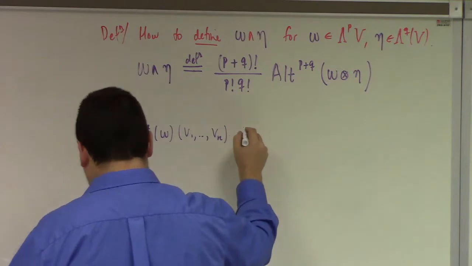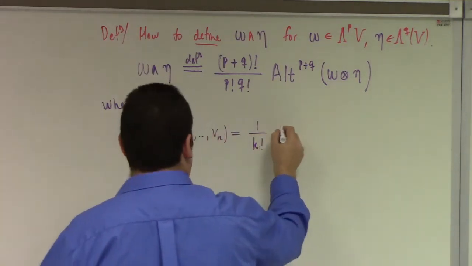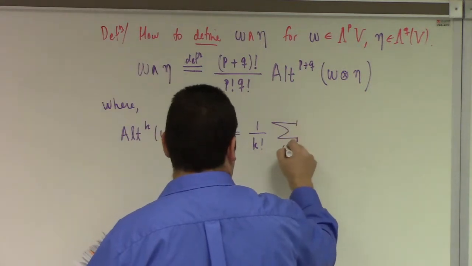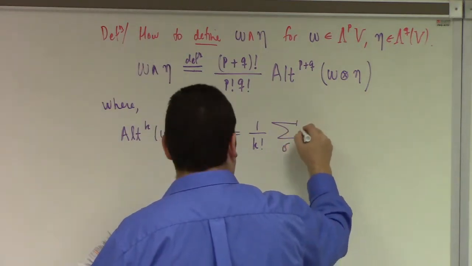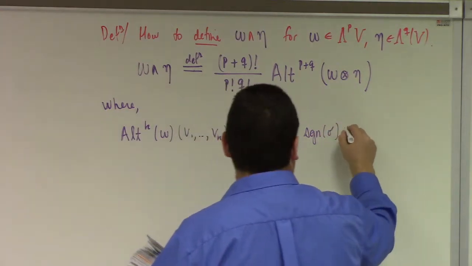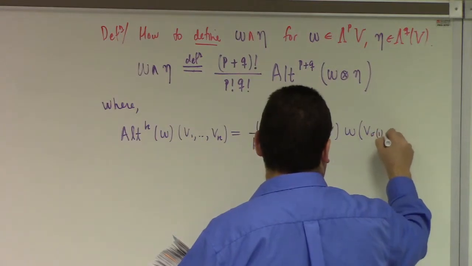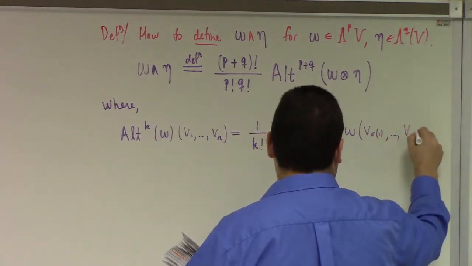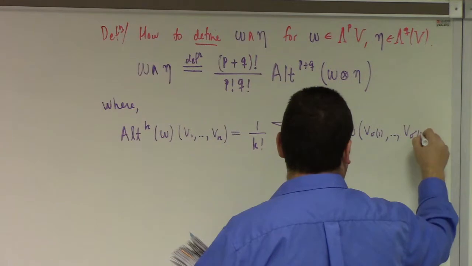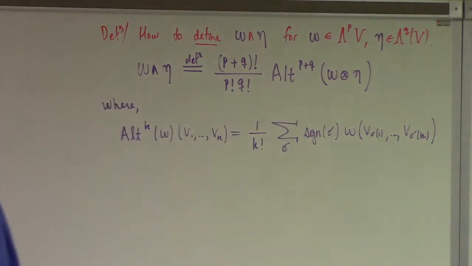It's equal to 1 over k factorial, a sum over the permutations sigma, the sign of sigma, and then omega of v sigma 1, through v sigma k. This is the anti-symmetrization map.